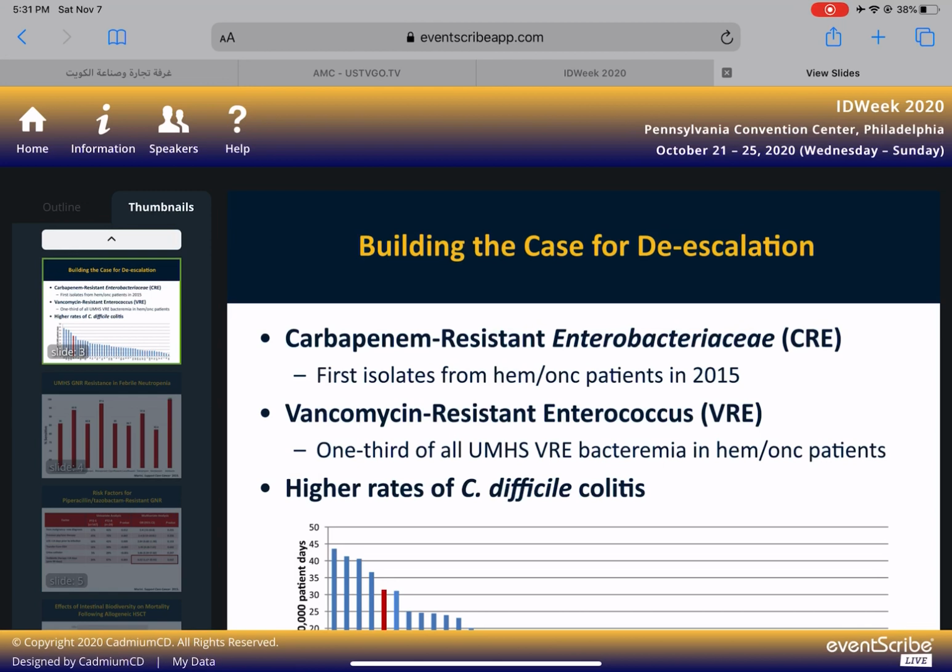So again, I think highlighting these types of things when you're developing your guideline and trying to provide reasons for implementing the guideline is crucial. You want to reduce CRE, you want to control VRE, and you certainly don't want to promote C. diff if you don't have to.